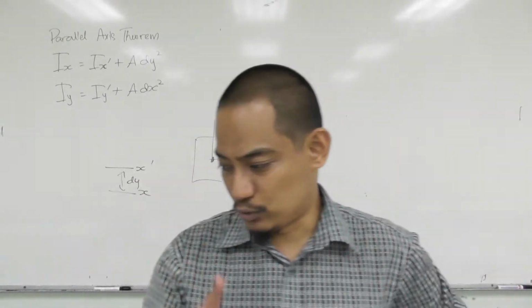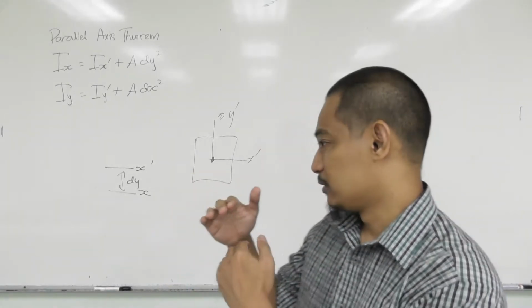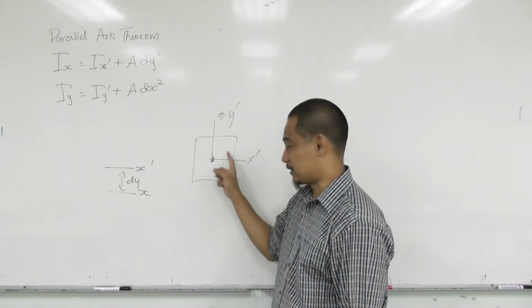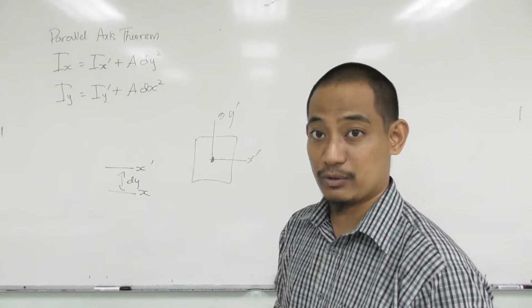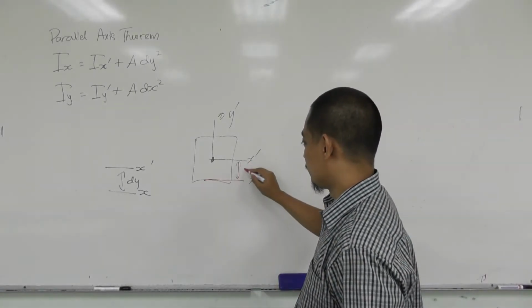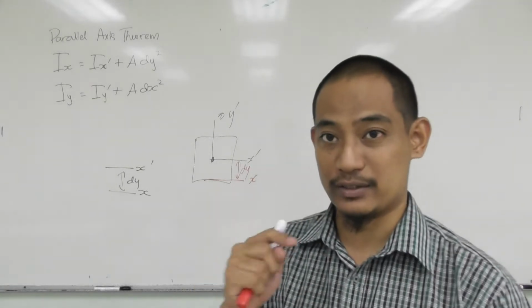Step number two, you locate the centroid of each area, because we need the centroid of each, just like this. You also need to know where the axis that the question is asking about is, for example this x-axis. So this one will be dy, for example. That's the purpose of locating the centroid.